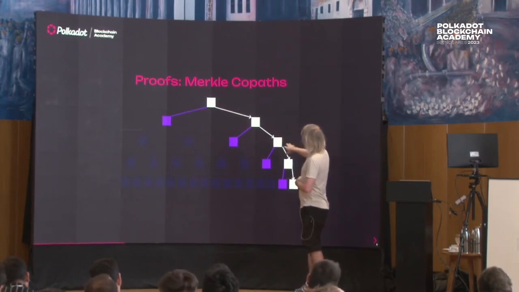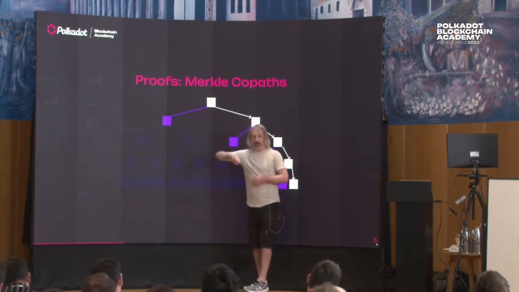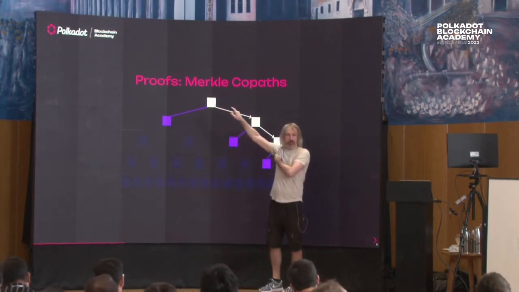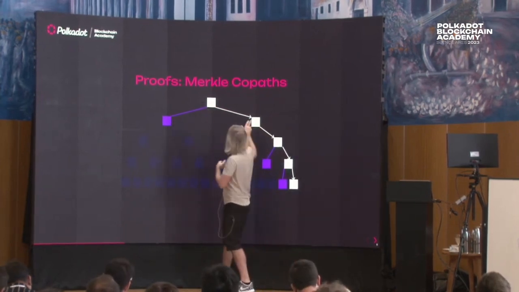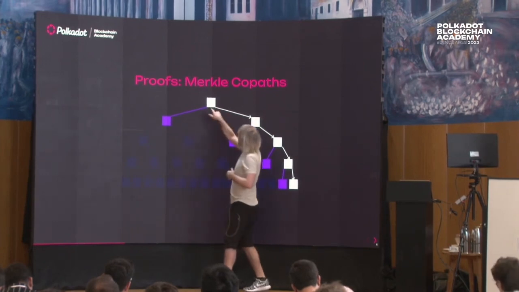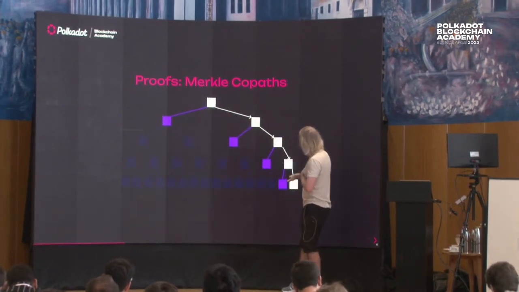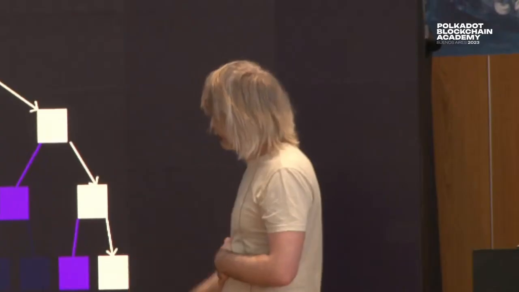So how do we do it specifically? Well, they know what the hash of this thing is, but we give them these 2 hashes, which make up this node. So the data in this node is really just 2 hashes: the hash of this node and the hash of this node. We tell them what these 2 nodes' hashes are, and so on, and so on, until we get to the bottom.